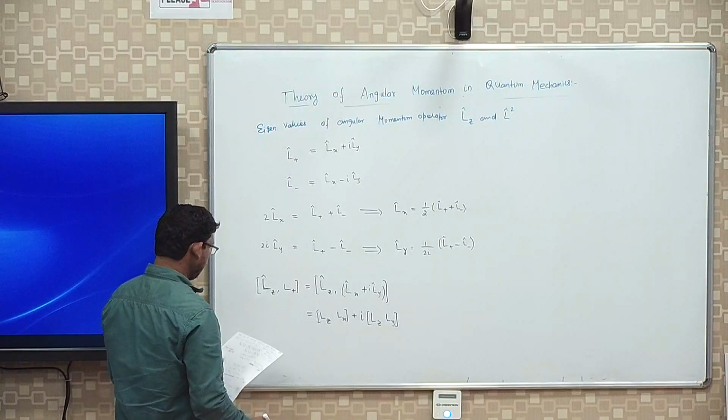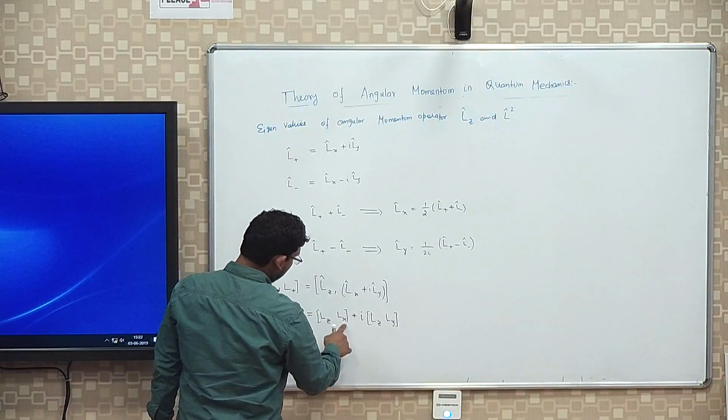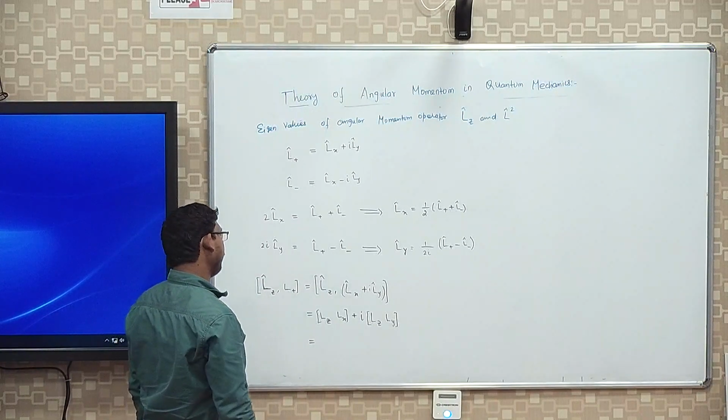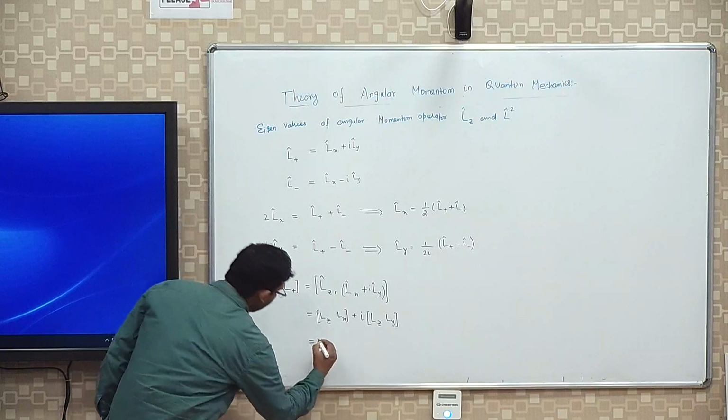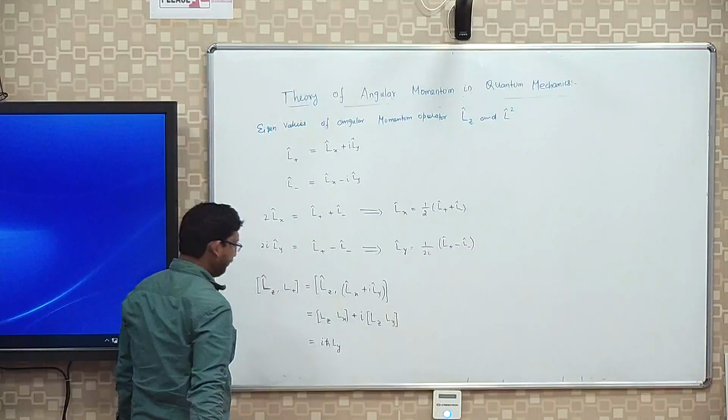Then we had already studied, so Z and X, this is a cyclic commutation, Z followed by X, so it will give you i h cross Ly.